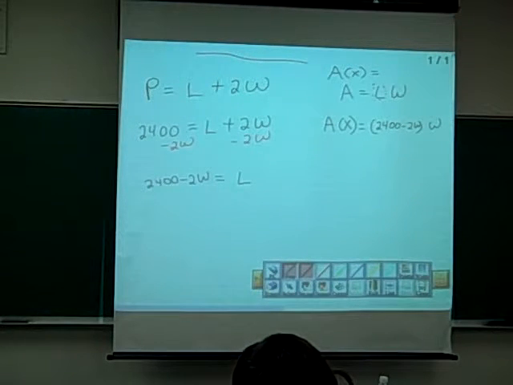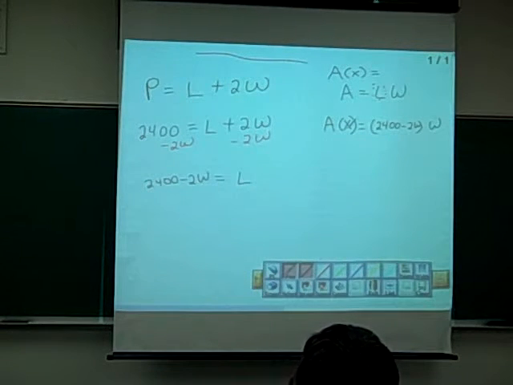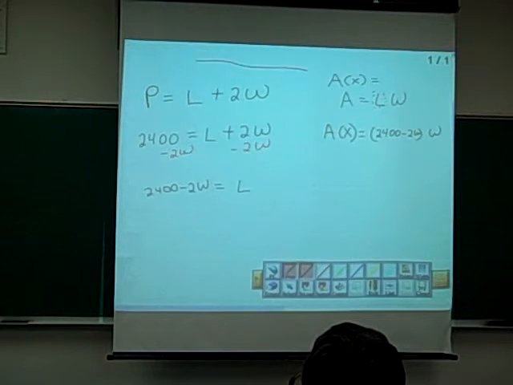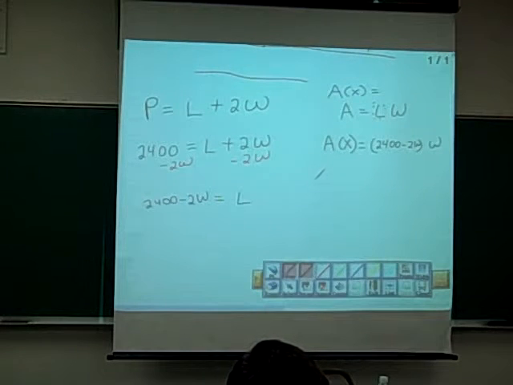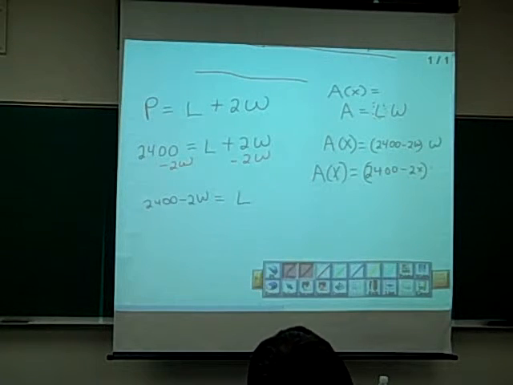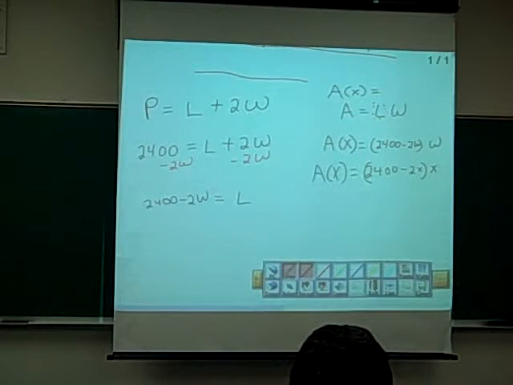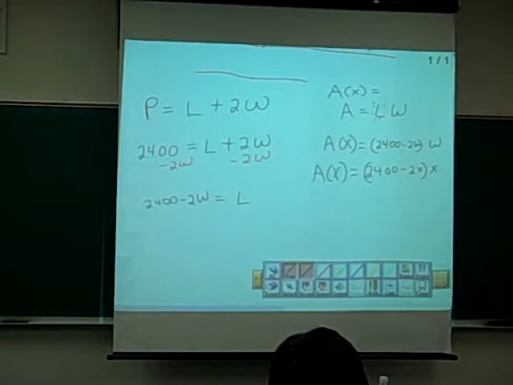And since we want to model area in terms of one of its sides, we need to change the width to x, because we know width is a measurement of x, right? So that's area in terms of x is equal to 2400 minus 2x, and then the other width, that'll be also x.